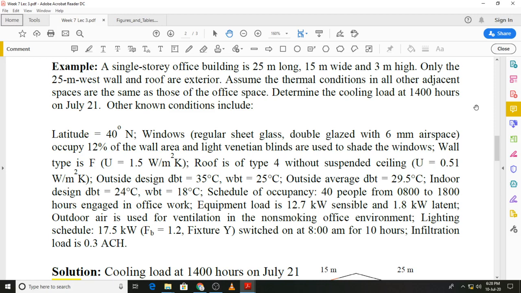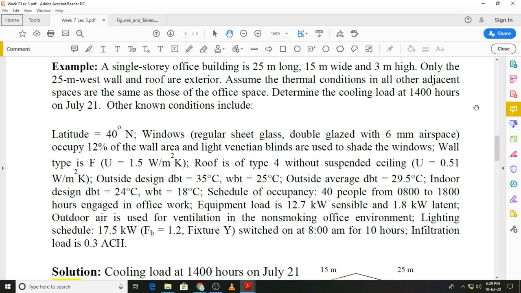Yes, they have shading because they are using Venetian blinds. We are given the U values for the wall as well as for the roof, and there is also a mention of the wall type and roof type. We will come to those things when we refer to the tables.